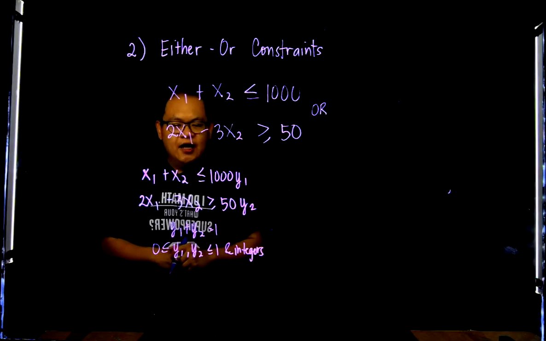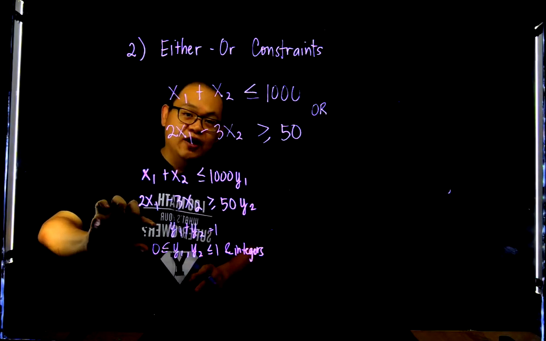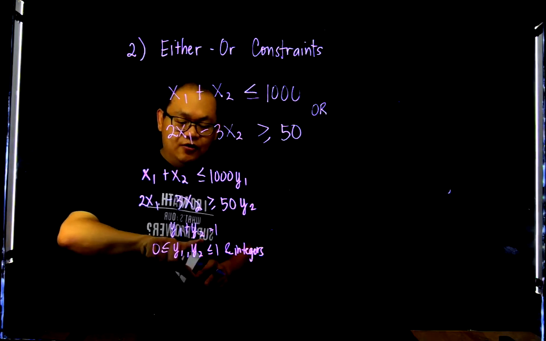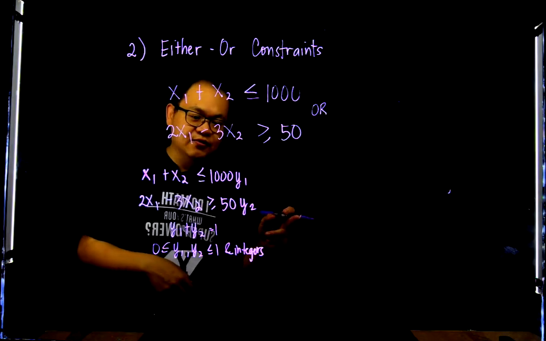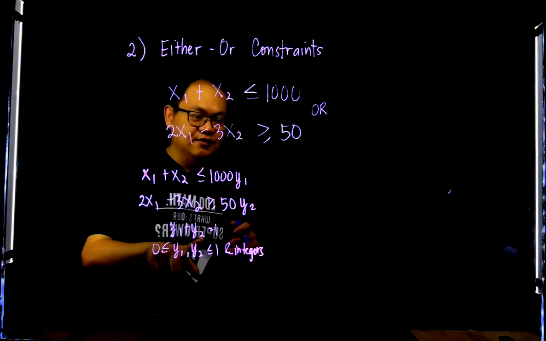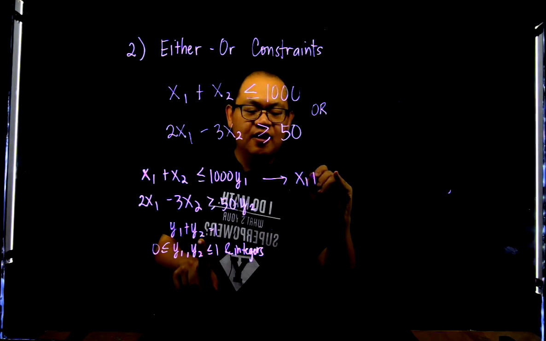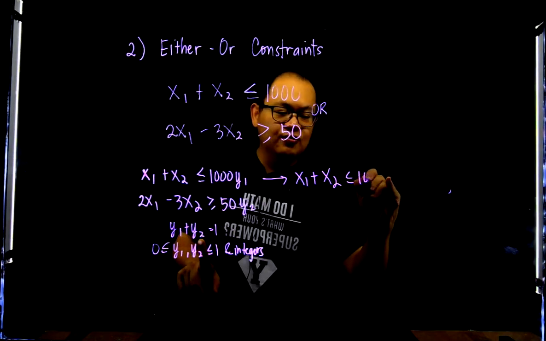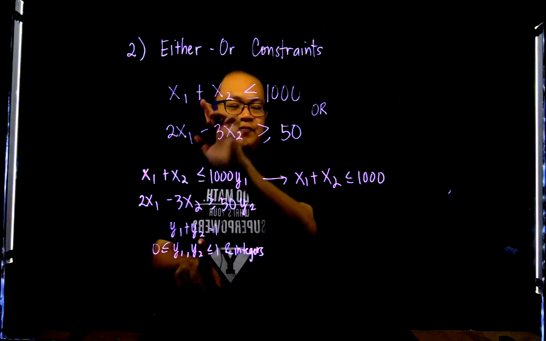Okay, now, because of these two constraints, what we are saying is y1 can either be 1 or 0, y2 can either be 1 or 0, and if one is 1, then the other is 0. So let's look at the case where y1 is 1 and y2 is 0. If y1 is 1, then this becomes x1 plus x2 less than or equal to 1000, which is good because that is our first constraint here.